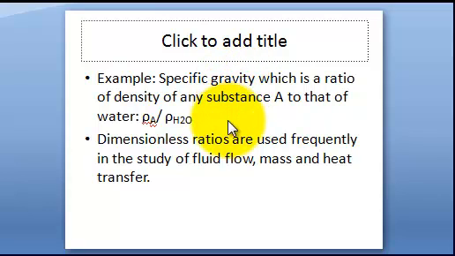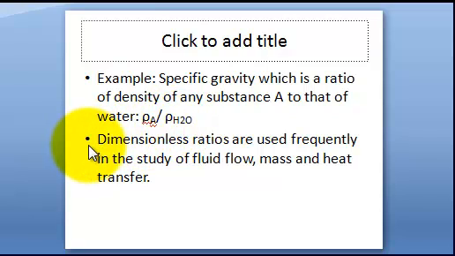Specific gravity is a ratio of density of any substance, assuming the substance A, to that of water. This gives rho A over rho water, which is density of substance A divided by the density of water.